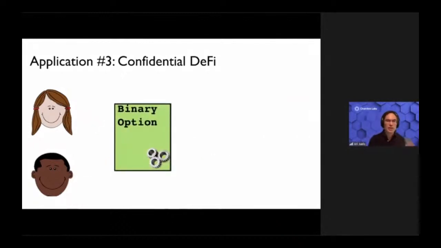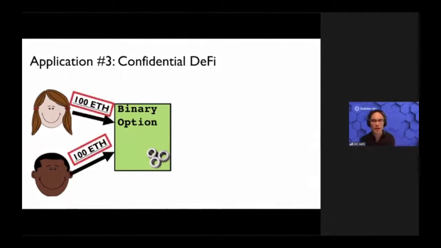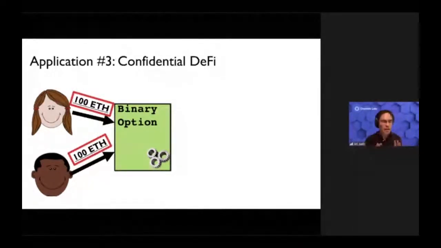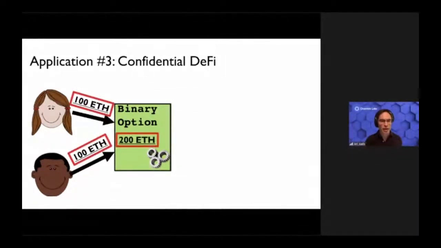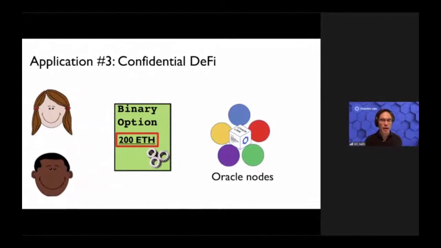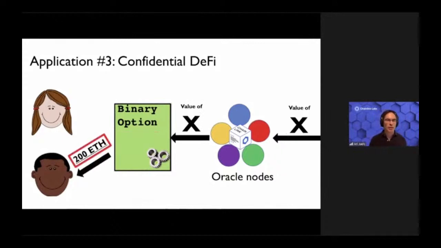This is pretty easy to do using a smart contract and the help of an Oracle network. The two players here, Alice and Bob, each deposit 100 ETH into the smart contract. And then the Oracle network checks the value of the critical asset, relays it to the contract, and the winner gets paid. This is relatively simple.